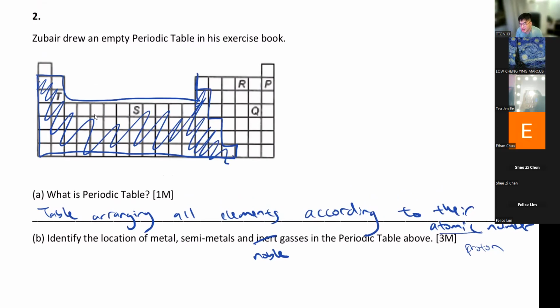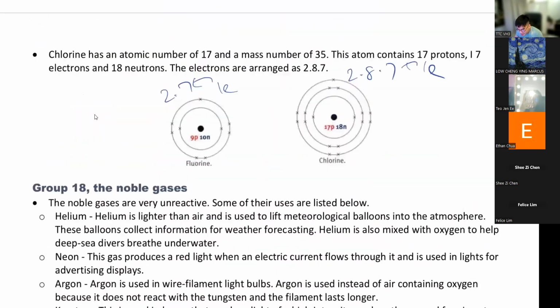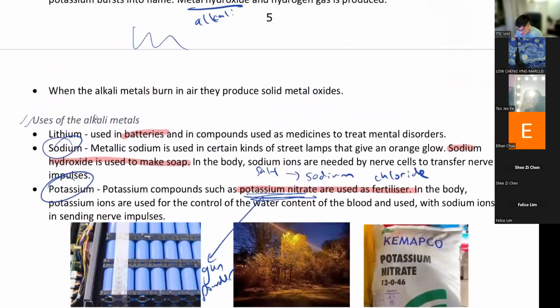I've said it millions of times and I'll say it again. Please do not, I repeat, do not memorize the periodic table. There is no need to. Okay, unless you want to do it for fun. Sir, I just memorize it for fun. Yeah, sure, go ahead. All right, if it makes you happy. But there is no need. Seriously, don't memorize this. They won't come out in exam. Just to let you know.